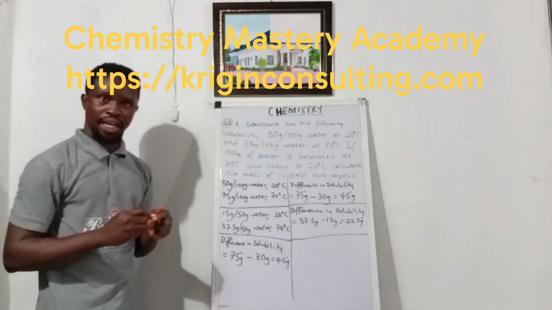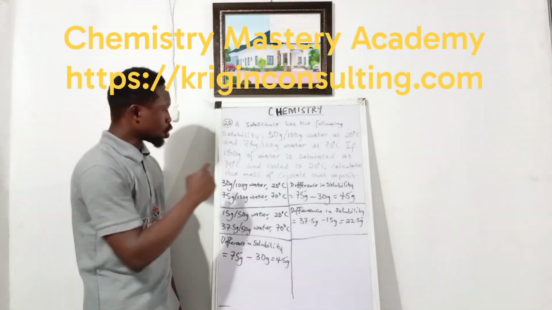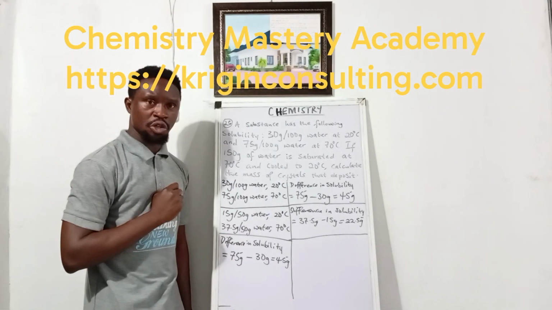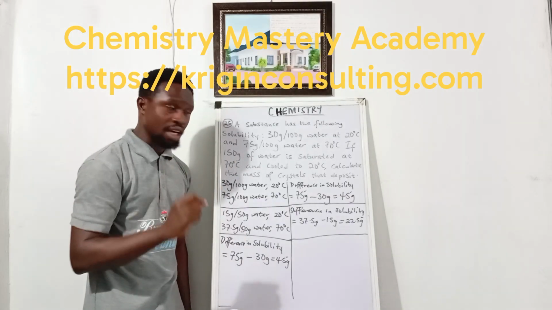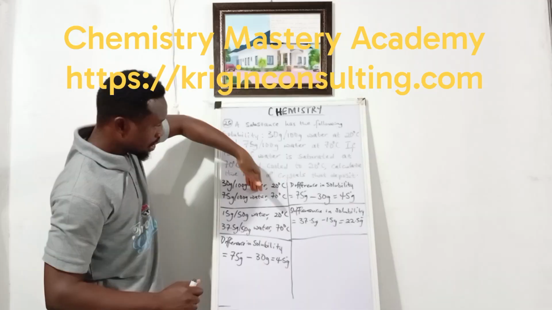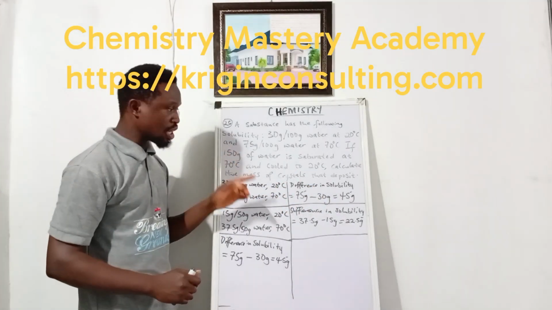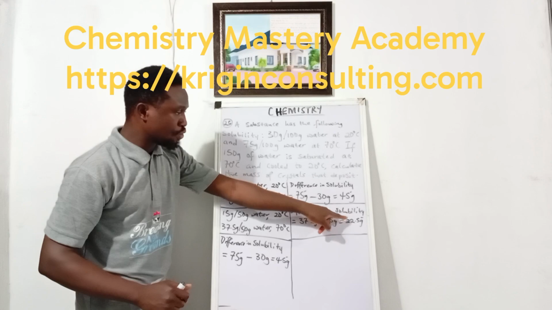Now, we have gotten the difference for 100 gram water, and we have gotten the difference for what? 50 gram water. Now, they are asking us, what will be the difference for what? 150 gram water. All we need to do, having gotten the difference for 100 gram water and the difference for 50 gram water, and they are asking us for 150 gram water, we simply add the what? Two differences.